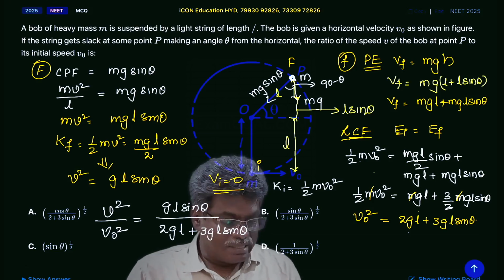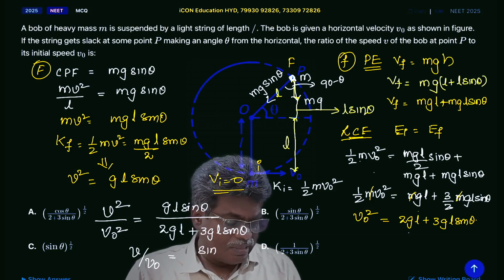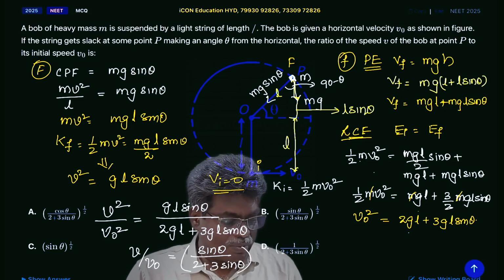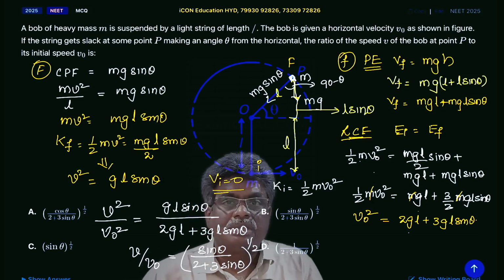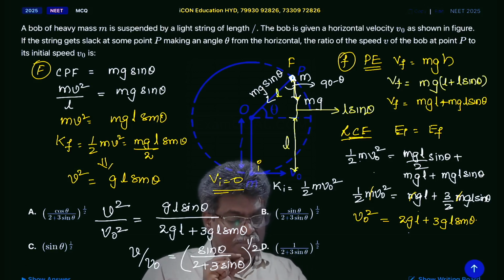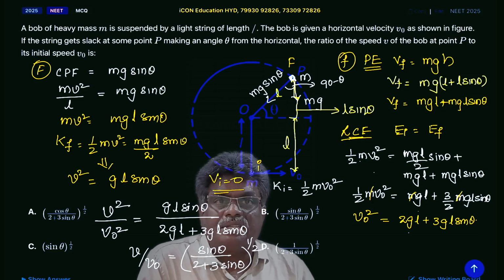So you can cancel this gL, and finally we got v by v naught equal to sin theta by 2 plus 3 sin theta, whole power 1 by 2. Okay, so mathematically you may feel it a little bit typical. So this is the ratio of final and initial velocities.